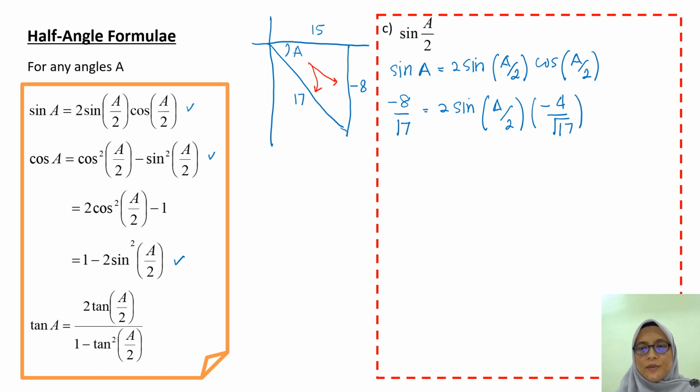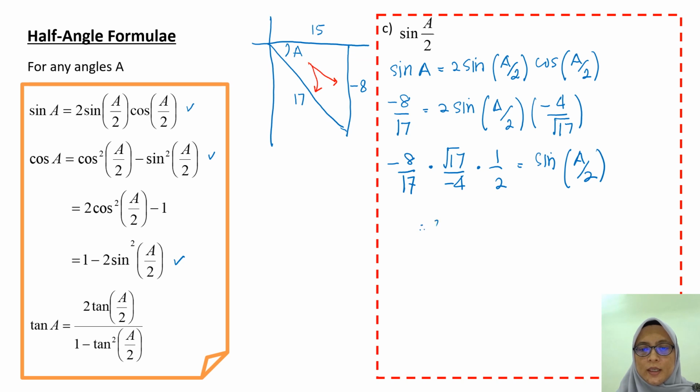Okay, so then simplify or rearrange, we will get negative 8 over 17 times square root of 17 over negative 4 times 1 over 2 equals sin A over 2. Okay, so from here we will get sin A over 2 equals 1 over square root of 17.